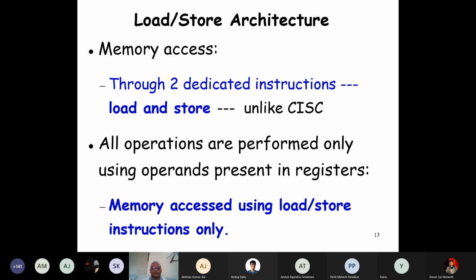Only load and store can be given memory addresses. As we proceed in the next class, we will see how exactly it operates. For all other instructions, the operands are register operands. And again, emphasizing here, memory access is only possible by load and store instructions.